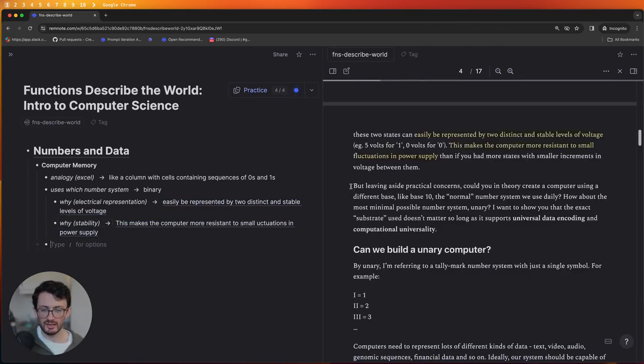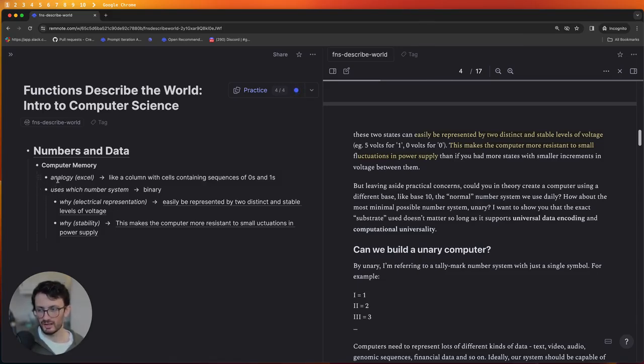So now, interestingly, in the final paragraph of this section, we're introduced to the idea that binary isn't the only number system that you could use for a computer. So one interesting thing that you might like to do with your flashcards is edit the descriptors in a small way to make it encode this idea in your other flashcards.